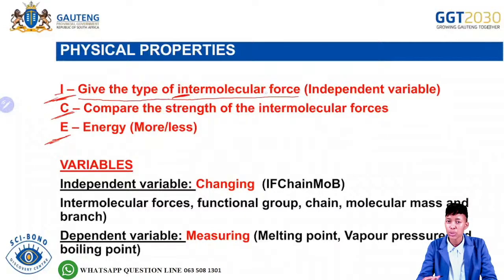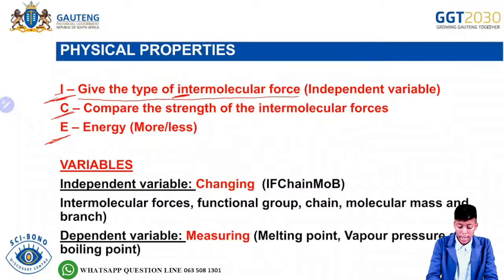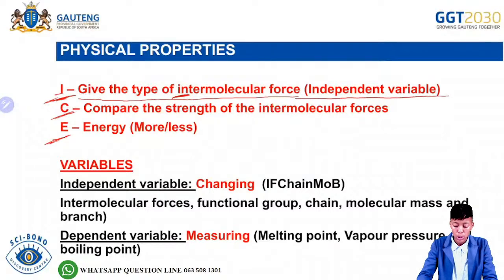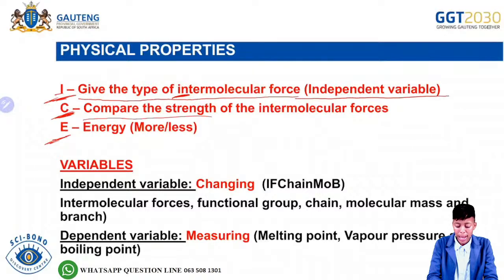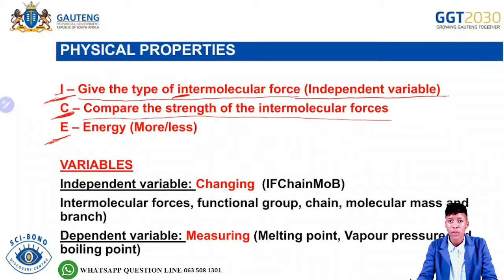For example, do you have London forces? Do you have dipole forces? Or do you have your hydrogen bonds? The I can also mean that you need to talk about your independent variables. Then by C, we are saying that you compare the strength of the intermolecular forces.